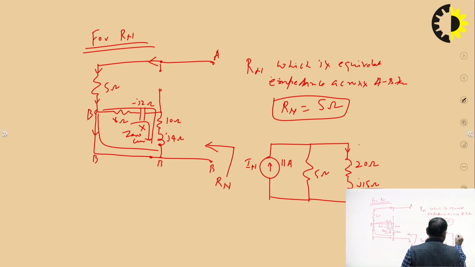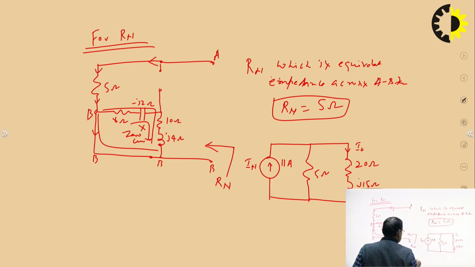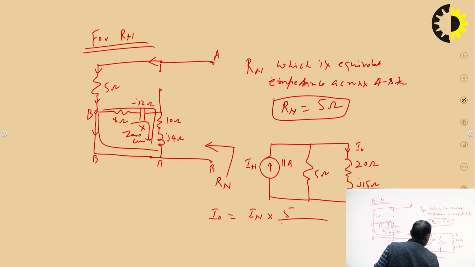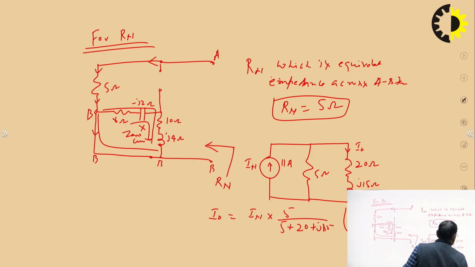We have to find I0 using the current division rule. So I0 is IN into the impedance of this branch, 5, divided by 5 plus 20 plus J15.